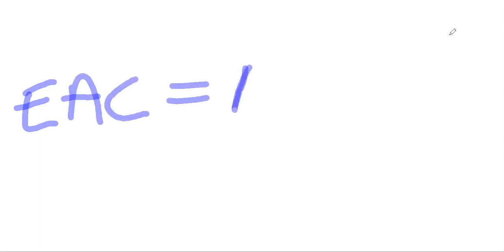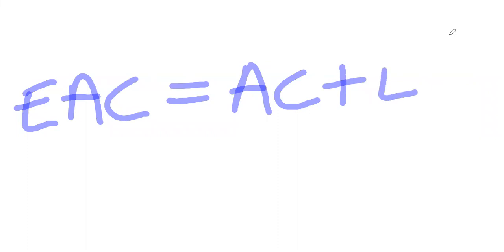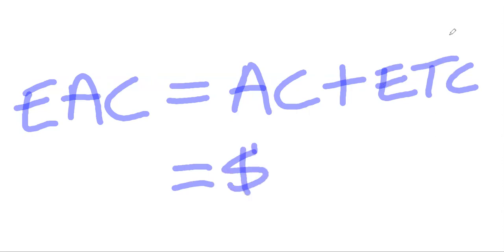The first EAC, estimate at completion, is based on a brand new bottom-up ETC, and it's simply EAC equals AC plus ETC. What does this mean? Think about it like this. You are on a project and you have currently spent $5,000.